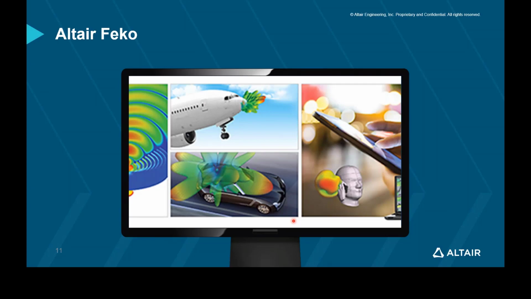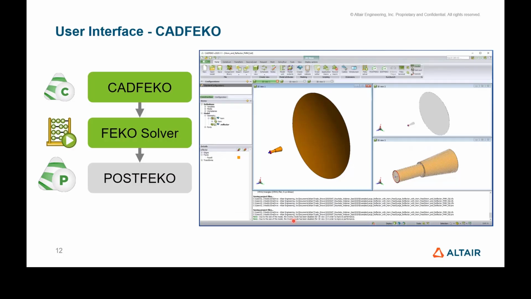Coming to Altair Feko. This is just for those of you who have not used Feko before. It starts with CADFEKO, the interface where you can create your own geometry, like I'm showing here, or bring in geometries from outside as CAD models and use them in Feko.